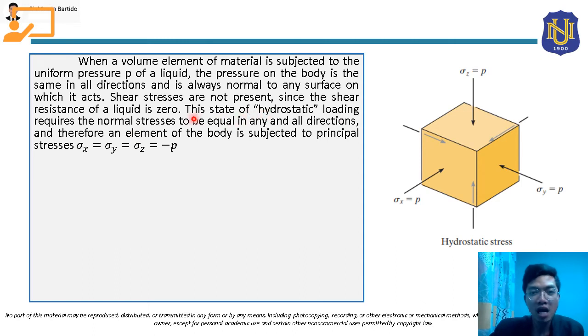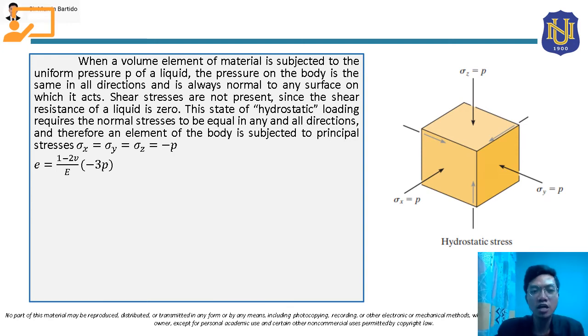Since they are all compressive, our sign convention for compressive stresses is negative, so sigma x, sigma y, and sigma z are all negative P.